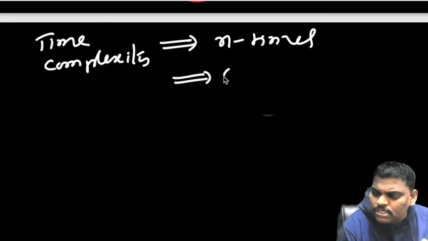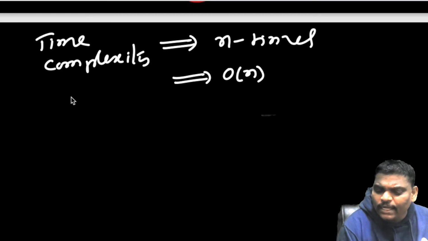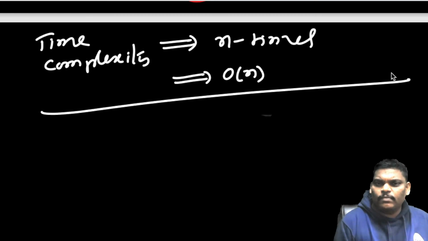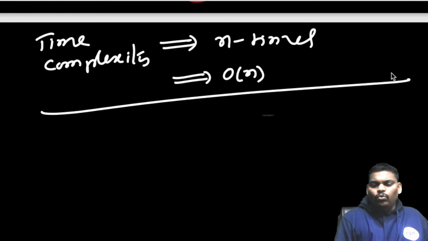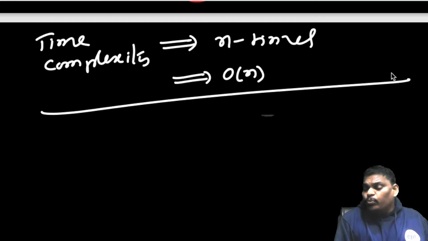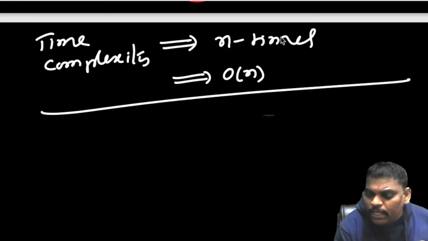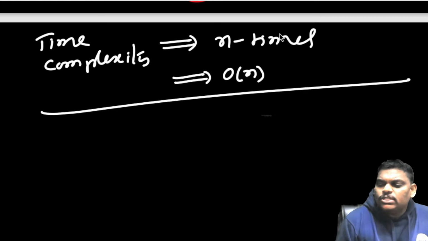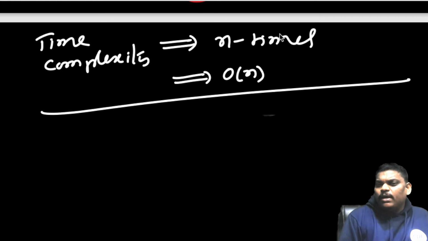So time complexity is order of n. Even though m and n both are there, the loop runs n times. Remember, whichever logic you have taken, the time complexity is for that logic.